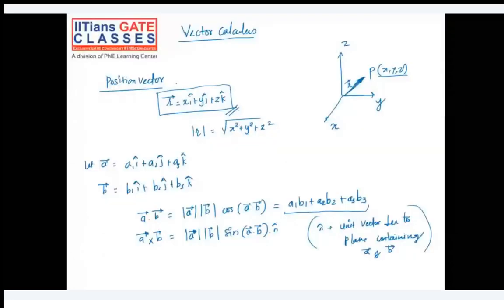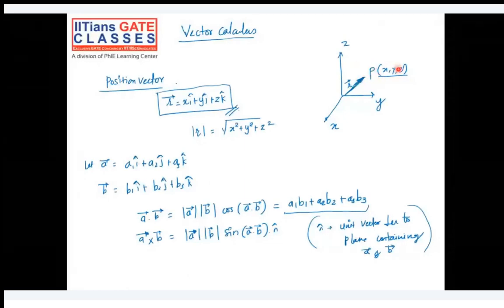Write down the heading: vector calculus. Suppose we have any point P whose coordinates are x, y, z in general.